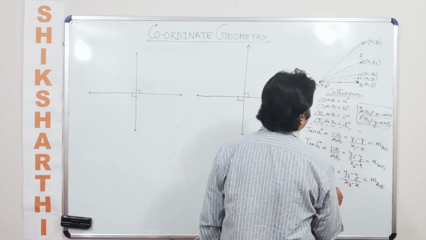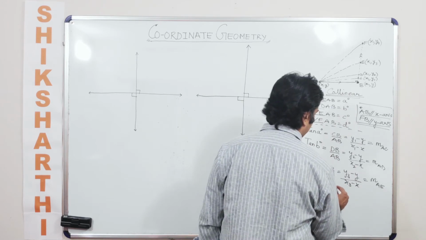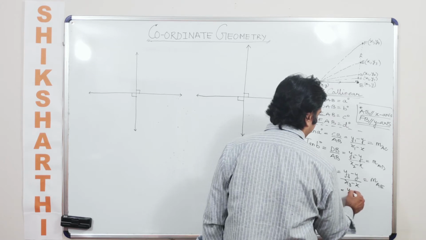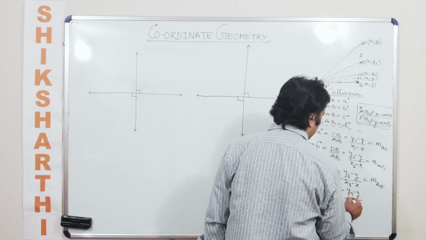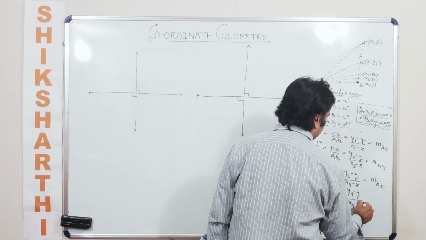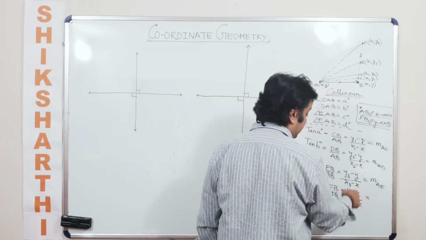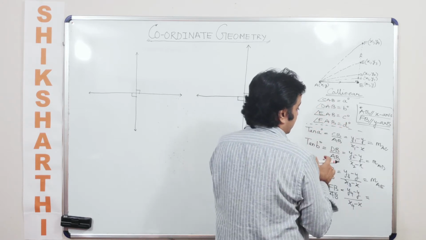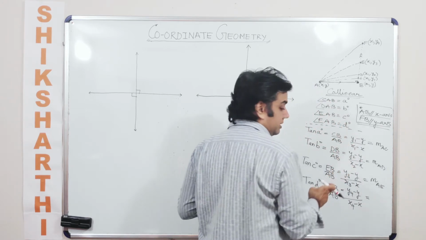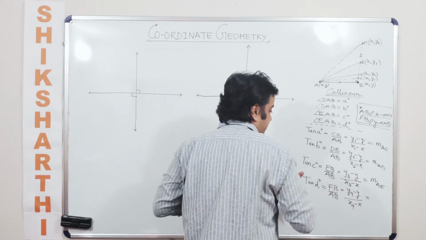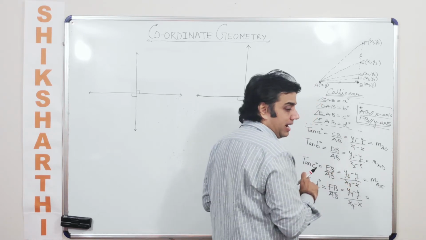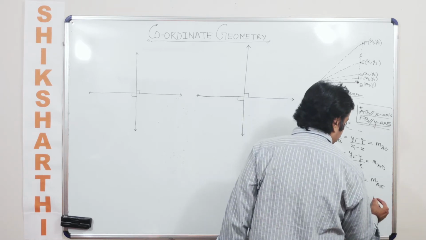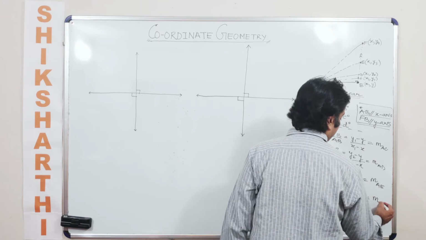This is nothing but FB divided by AB, which is y4 minus y upon x4 minus x, and this is nothing but the change of height versus the change of base, which is the slope of AF.